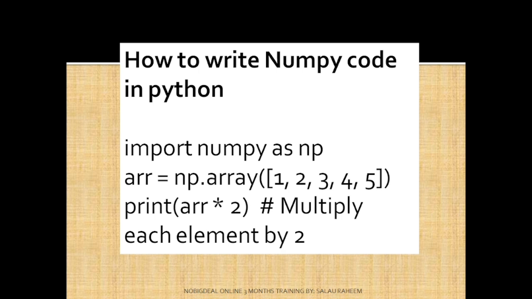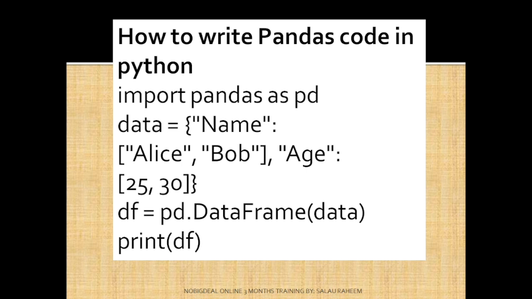So let's look at the way we structure Pandas in Python. This is how we write Pandas code in Python. Equally, we will import pandas as pd. So we must import it also.